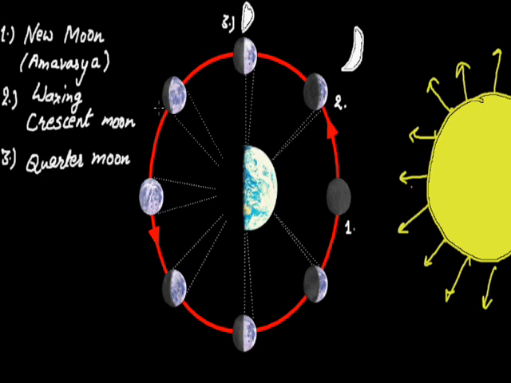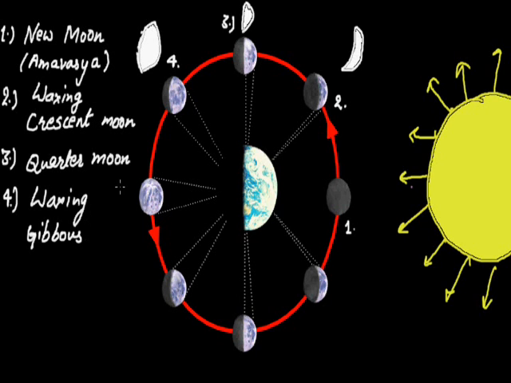The sun is radiating the same way, and the light of the sun is falling on one half of the moon surface like in conditions 1, 2 and 3. But because of the relative positions of the moon, sun and earth, the area of the moon visible from the earth is more than half. At this condition, number 4, the moon is said to be waxing gibbous.